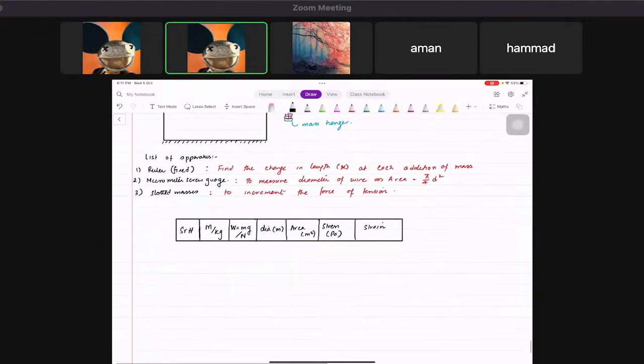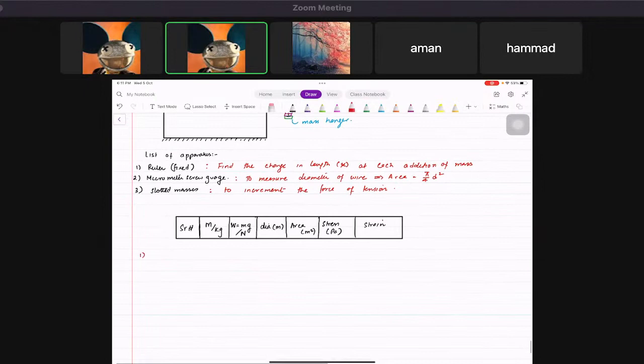So the method to do this is: number 1, find the original length. Original length basically means when there is no mass added. Number 2, find the diameter and use area equals pi by 4 d square to find the area.